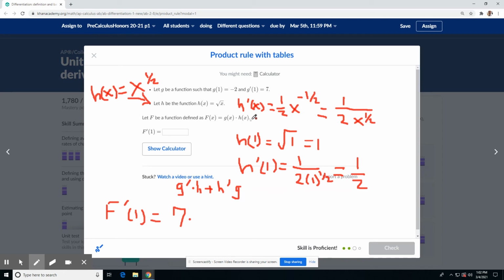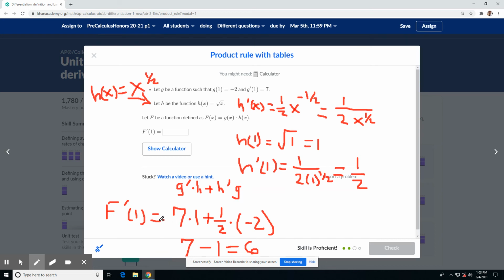H at 1 is 1. H prime at 1 is 1/2 times g at 1. G at 1 is -2. Okay. Turns into 7 minus, that's 2 over 2, 1. Answer 6 is our final answer.